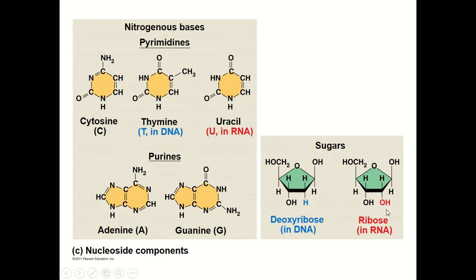Meanwhile, for RNA, we have ribose sugar. The difference between these two sugars is the presence of the oxygen on carbon number 2. Ribose has oxygen on carbon number 2. However, deoxyribose sugar in DNA does not contain any oxygen at carbon number 2.